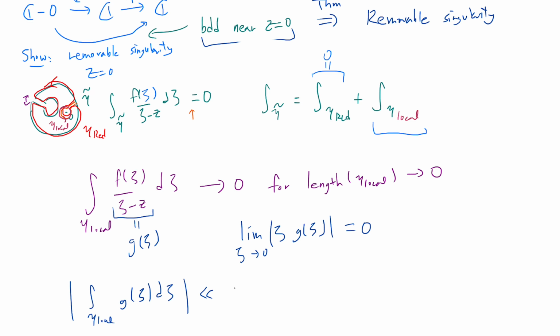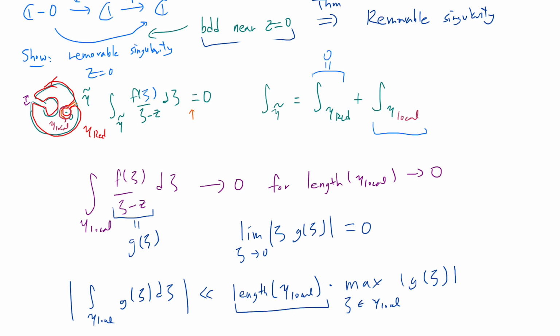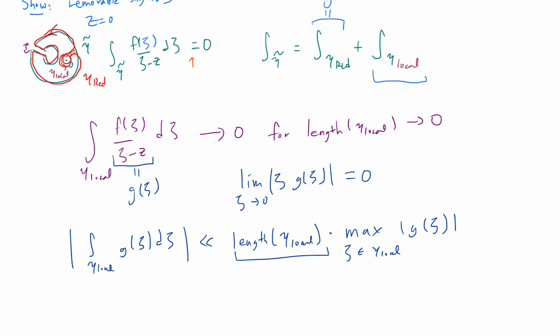Then this should be less than the length of gamma local times the maximum of zeta in this gamma local of absolute value of g of zeta, right? And here the length of gamma local, because gamma local is again just a disk centered at 0, this is really, up to a constant multiple, just the absolute value of zeta, where zeta rotates around the gamma local.